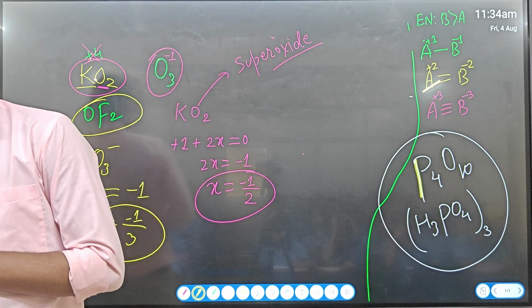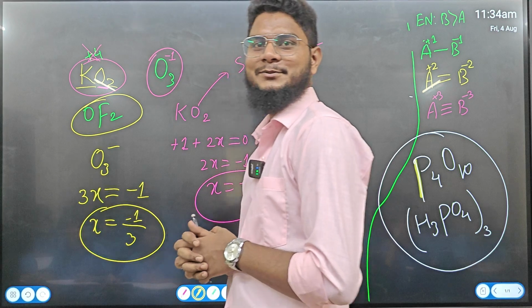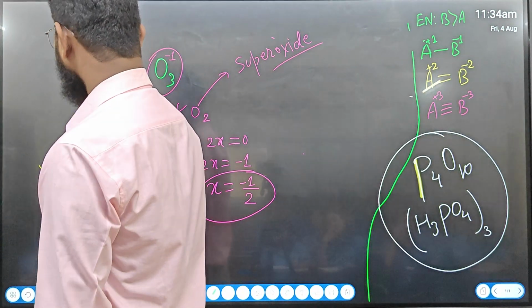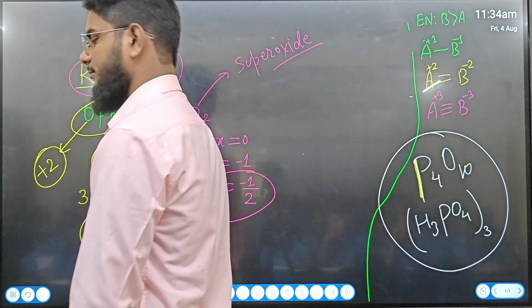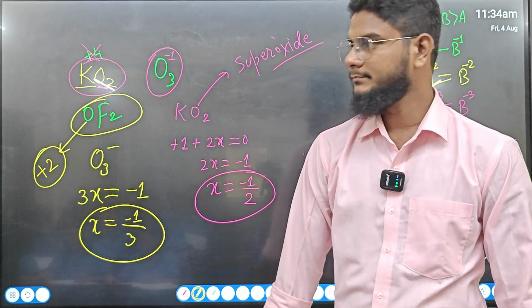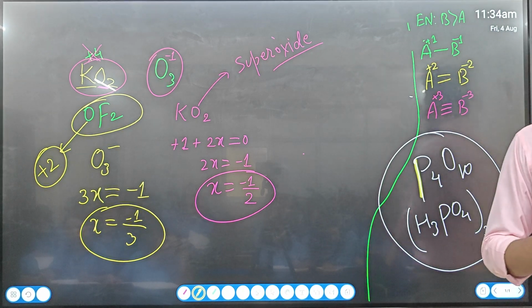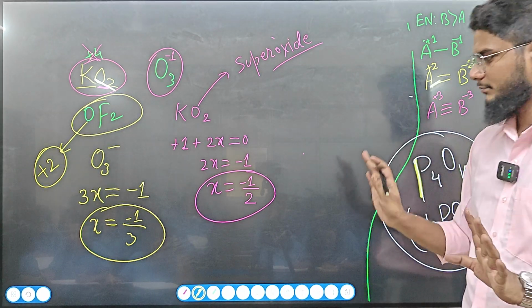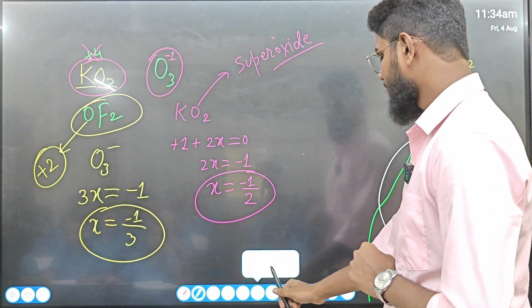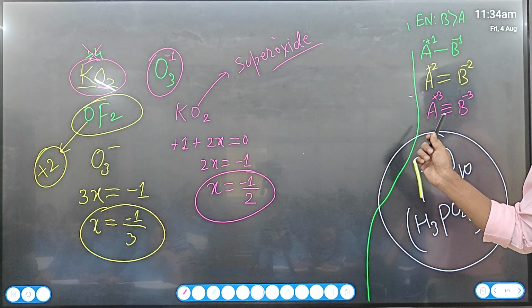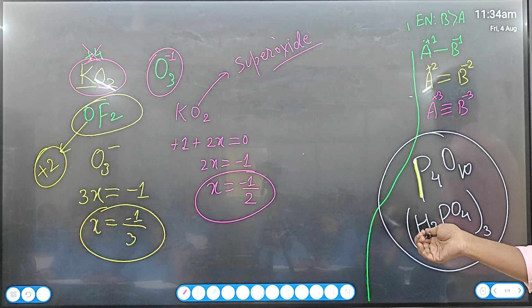What is the answer? -2 or +2? +2. Yes. So in this case, oxygen is present in +2. So these things you need to remember. These are some special cases, and other than this, you can easily find the oxidation state of all. Clear? Everything? This is your homework.